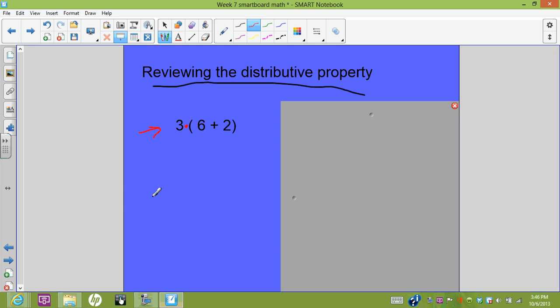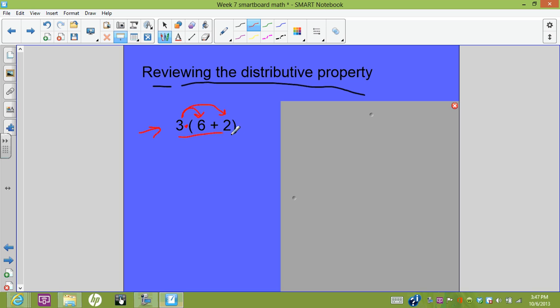And it's not really that they're lazy, it's that because a multiplication symbol looks like an X, and so when you get into variables in algebra, it can get kind of confusing. So they just kind of left that multiplication symbol out. We can use a little dot to keep it less confusing as well. So when we were learning about the distributive property, we said, okay, this 3 is going to get distributed to the 6 and also the 2.